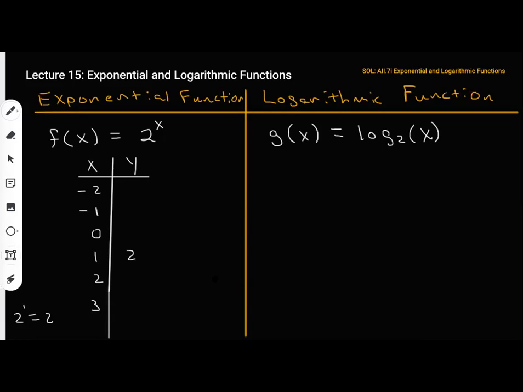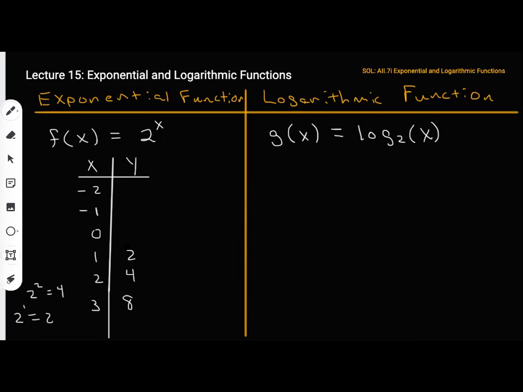That's going to be the y value. What happens when we plug in a 2 for our x value? We get 2 squared is equal to 4. So I'm going to put a 4 right here. So now you know what you're doing. You're putting in x values and seeing what the y value is going to give you. If I plug in 3, I should get 8.